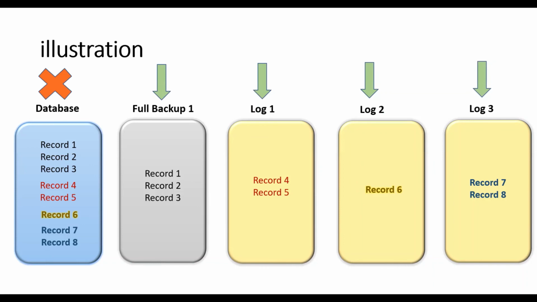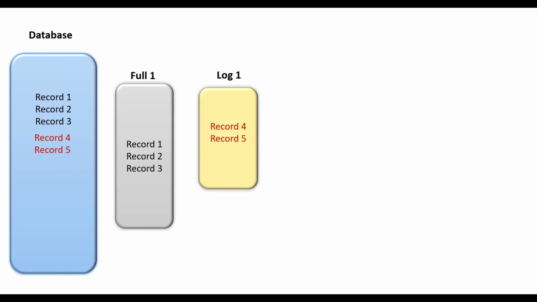Suppose we have the differential backup concept. Similarly, I have a database with 3 records. If I take a full backup, I will get all the 3 records, and then if I insert 2 records and then take a log backup, I will have only those 2 records, 4 and 5. Let me insert one more record, record 6, and then perform a log backup, I will have only record 6.